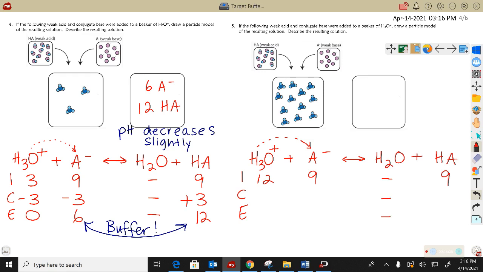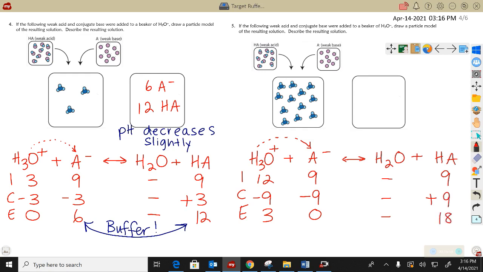All right, so we're doing some buffer stoichiometry, right? We're going to take whichever reactant is smaller and bring it down to 0. That becomes my shift then. So 1-to-1 ratios means that you're going down by 9 and you're going up by 9.